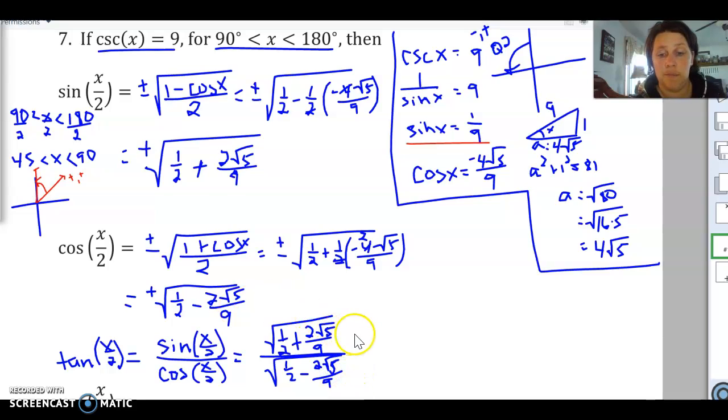All right, now MyOpenMath will actually accept this answer right here, so you can just leave it like that.